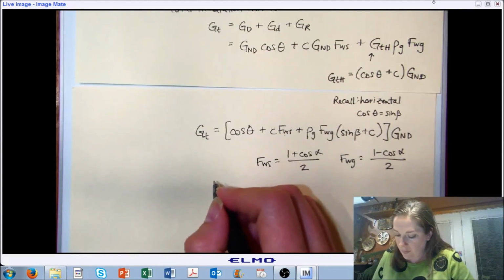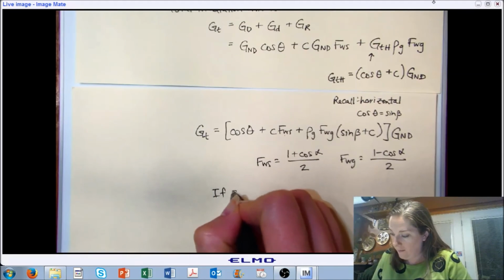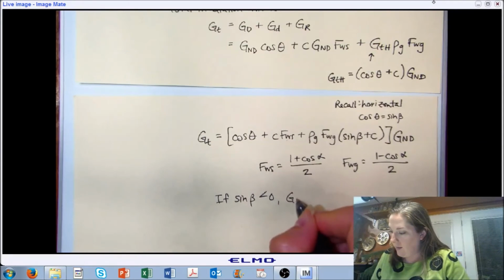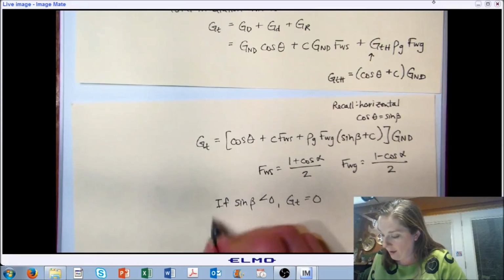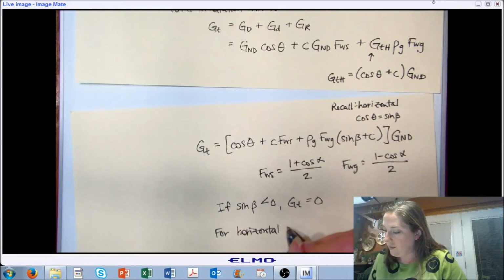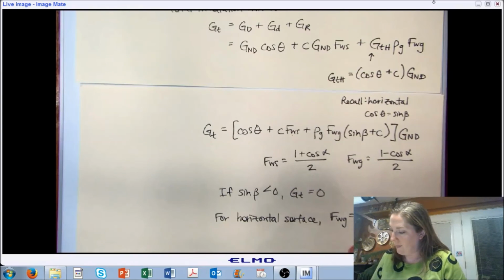Okay, so let's do a few more simplifications here. So if sine beta is less than 0, then the total irradiation onto the surface is 0. For a horizontal surface, our shape factor for reflected is 0.